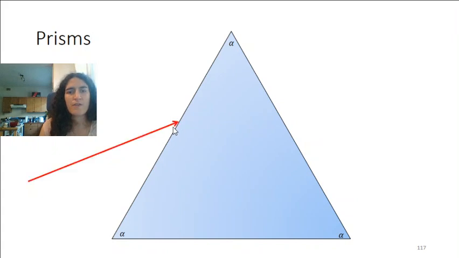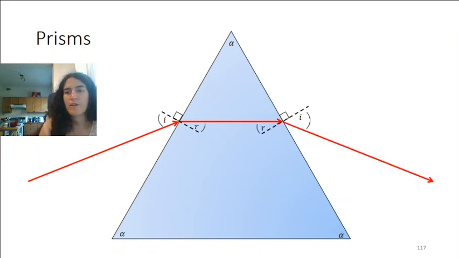The angle of incidence I'm calling I, and the angle of refraction I'm calling R. So here I'm going from air to glass, and so I'm bending towards the normal. And then at this second interface, I'm going to go from glass to air, so I would expect to bend away from the normal, right?